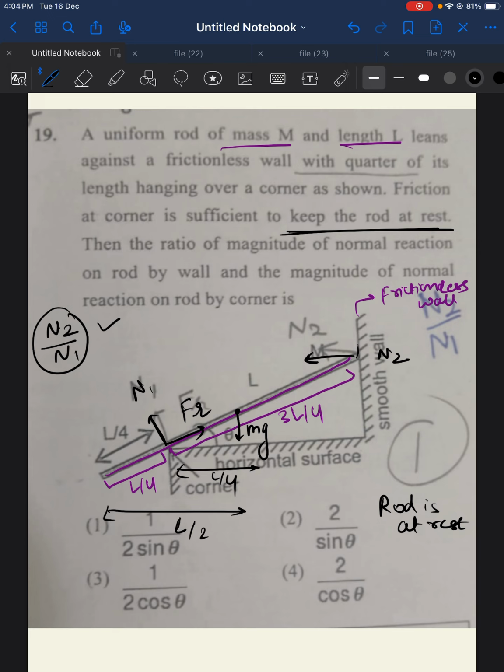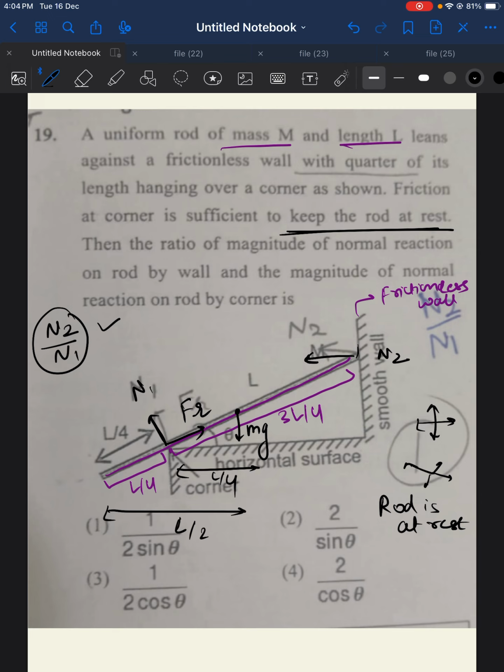Now the first thing to do in such type of question is to resolve the forces in the same direction, means either downward in this axis or the axis in which the normal reaction is present. So let's resolve in the horizontal and vertical components.